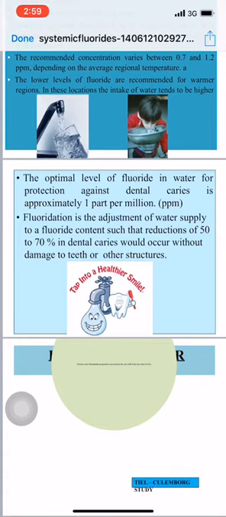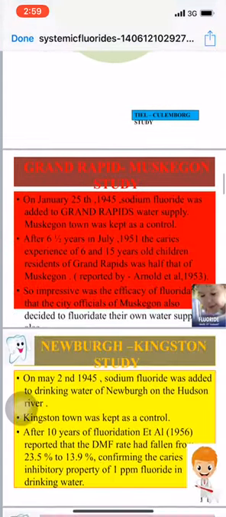Fluoridation is the adjustment of the water supply's fluoride content such that a reduction of 50 to 70% in dental caries would occur without damage to the teeth or other structures.